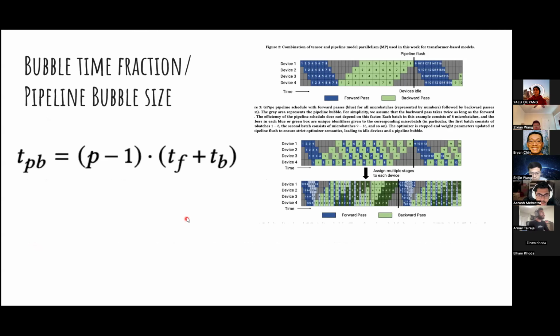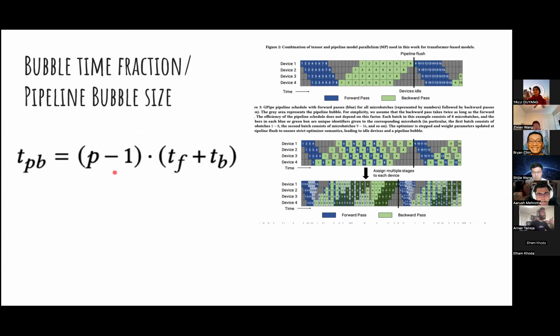Okay, so here we have bubble time fraction, which is also known as pipeline bubble size, or as Yalu also mentioned, bubble size. The name might be slightly misleading as to what it actually represents in its mathematical form, so we'll go over that a little bit here. First of all, I will describe a few parameters. TPB here is the time it takes to process one microbatch.